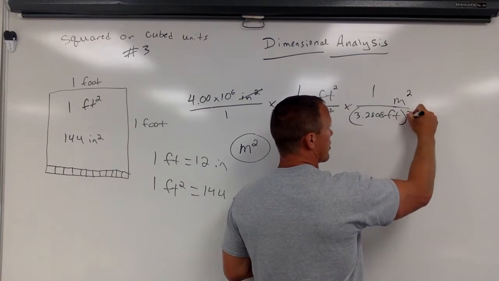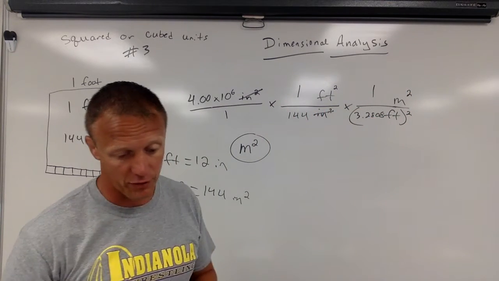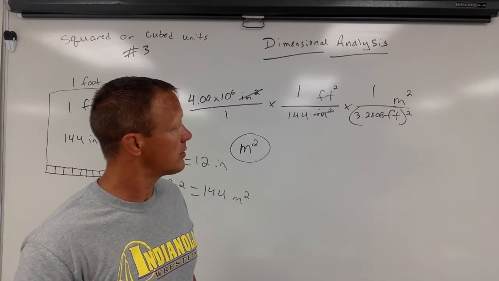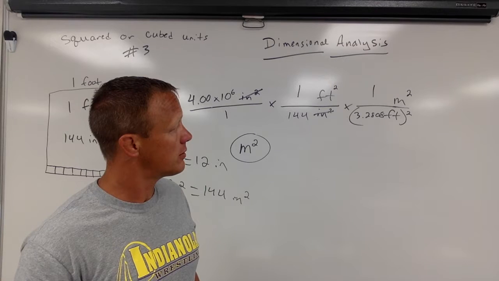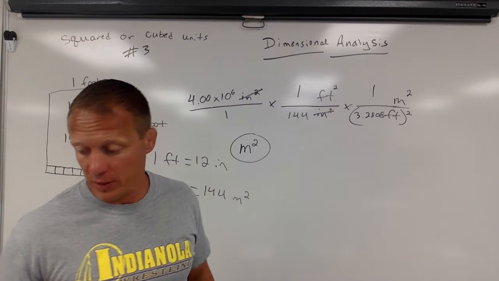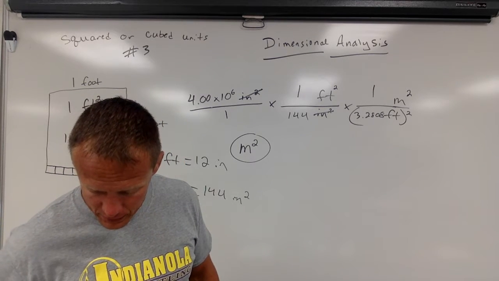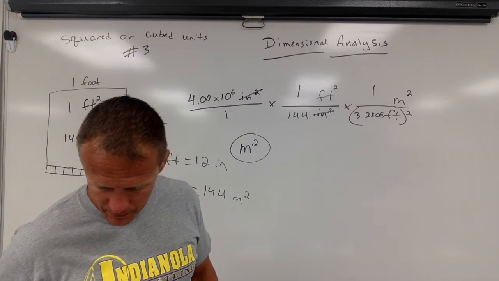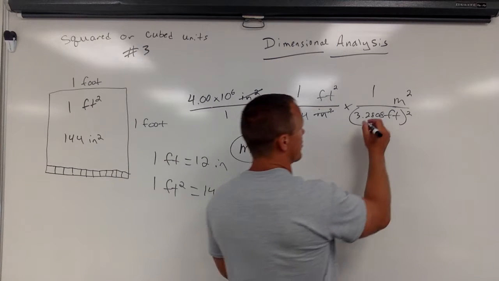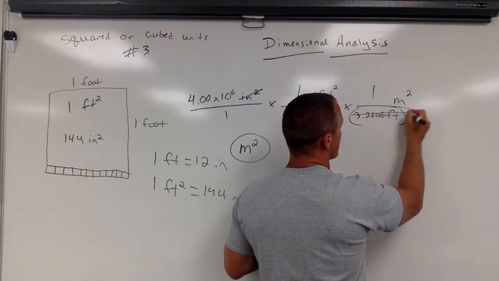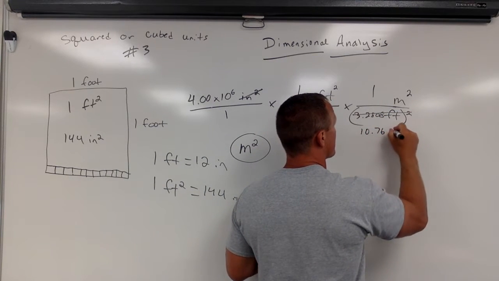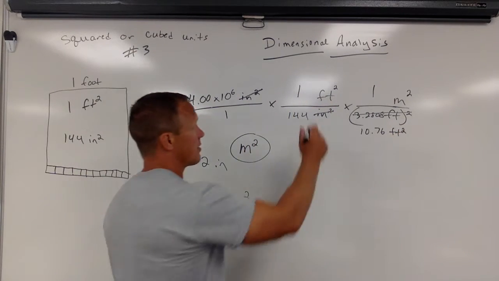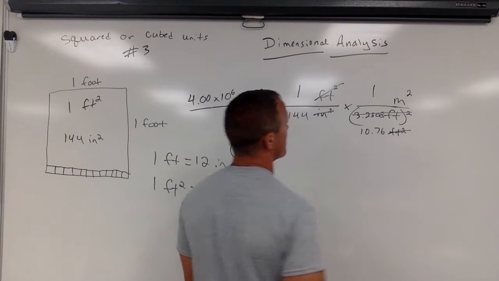But that, I've got to square the whole thing. So I've got to square the 3.2808 in order to do that. If I do that real quick, 3.2808 squared is 10.76. So this number right here is 10.76 square feet. Again, label cancels, label cancels.